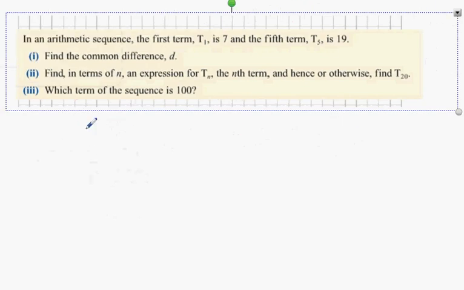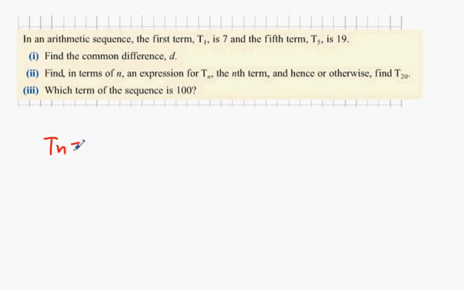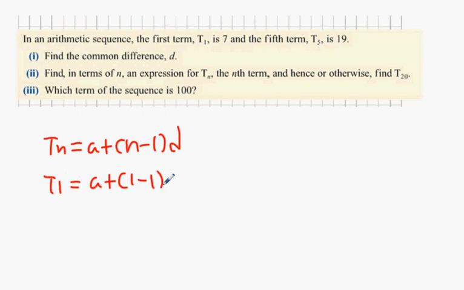Next question. Tn equals a plus n minus 1 times d. T1 is a plus 1 minus 1 times d, so T1 is a plus 0d. What's 0d? Does it exist? Most of us have this learned off anyway. T1 equals a. What's T5 equal to then?